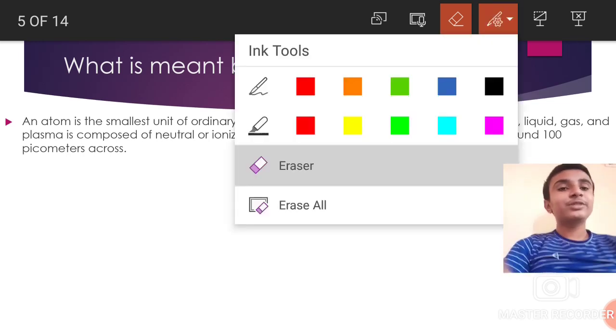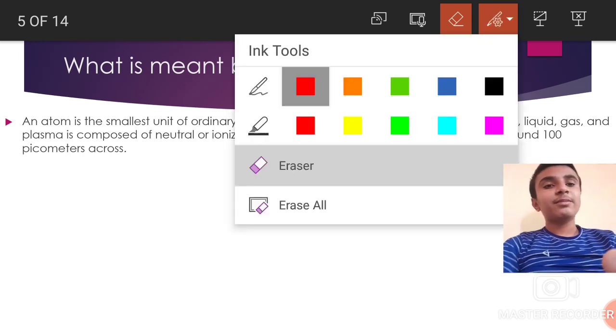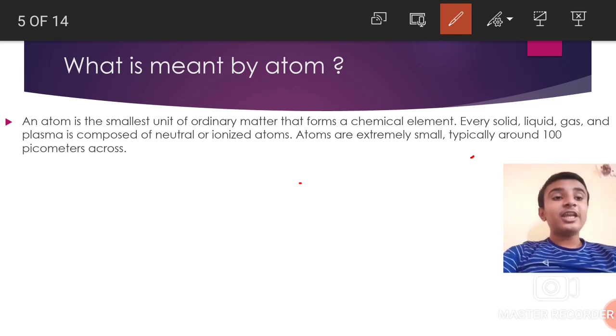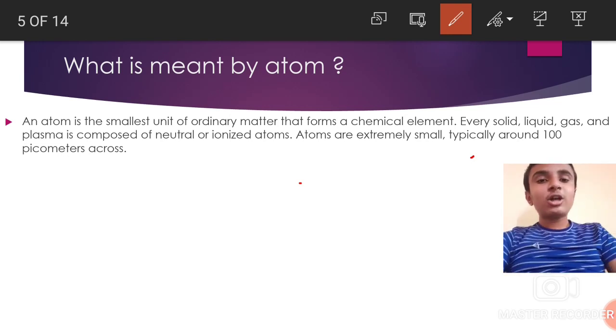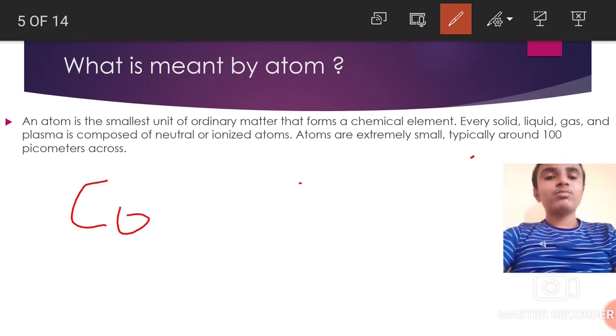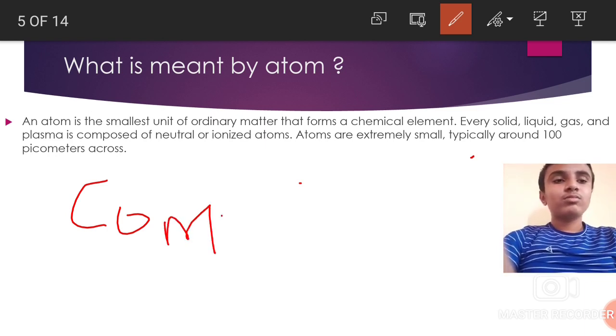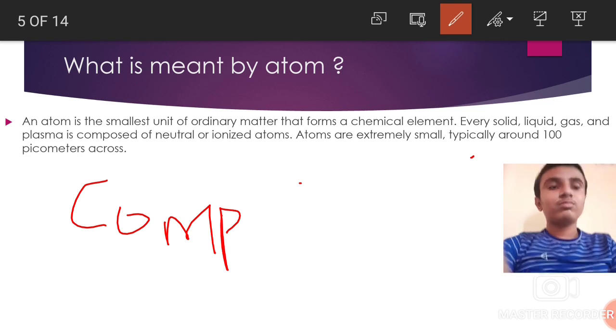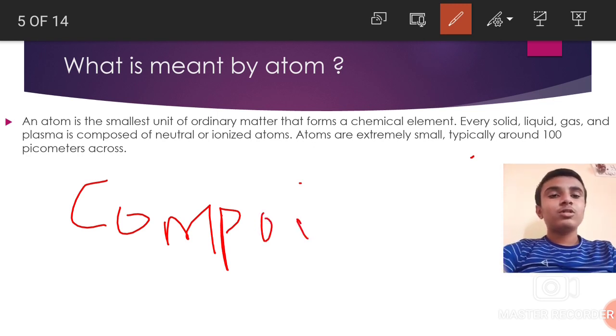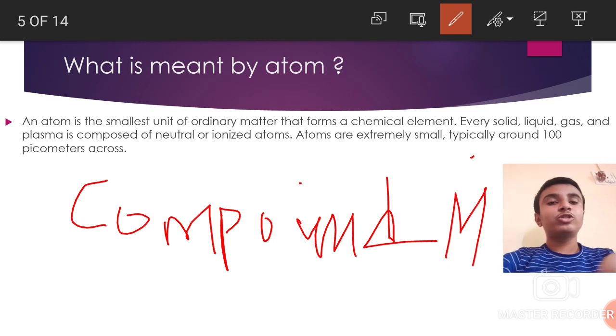And these atoms are extremely smaller than them. We use a compound microscope to see them.